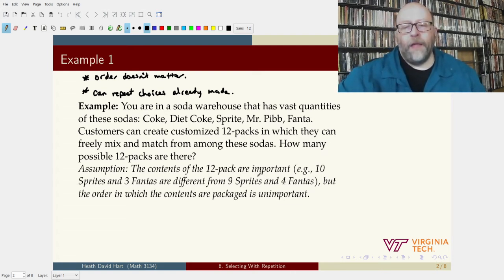So I want to talk about a couple of ineffective strategies that don't work. We have 1, 2, 3, 4, 5 different kinds of sodas, and 12 blanks. Put them in the box.